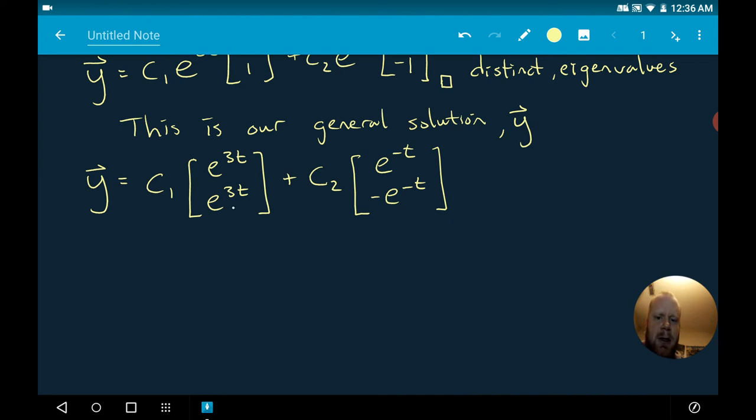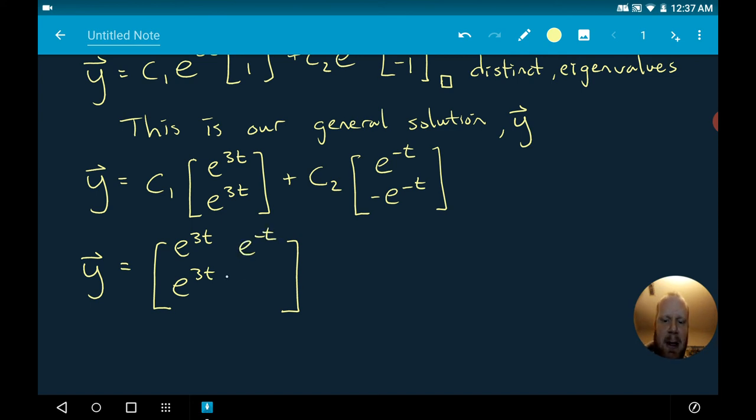Another interesting thing we can do is rewrite this as a matrix of our solutions times a constant vector. So this is going to be the matrix (e to the 3t, e to the 3t), (e to the negative t, negative e to the negative t), times a vector of constants.